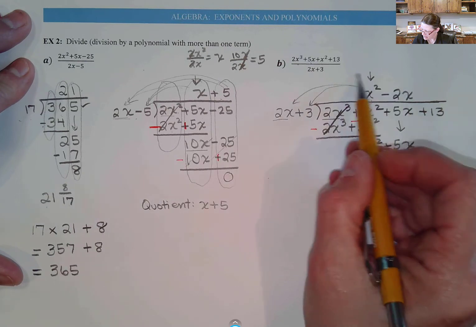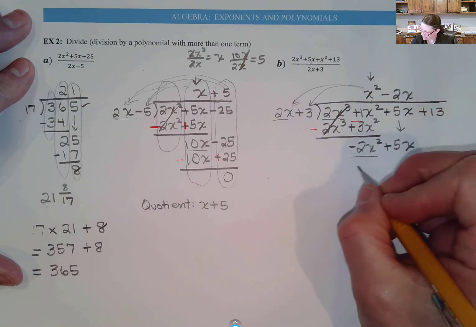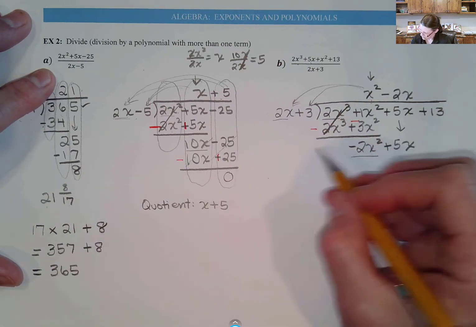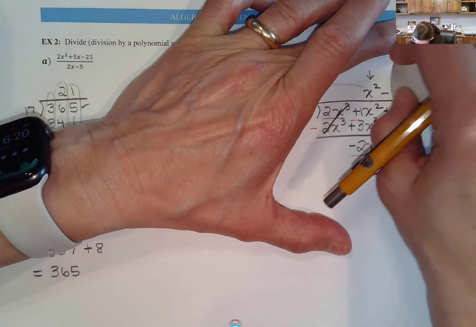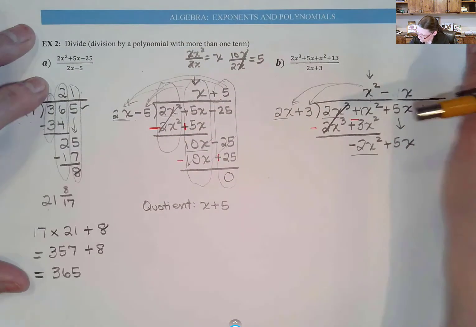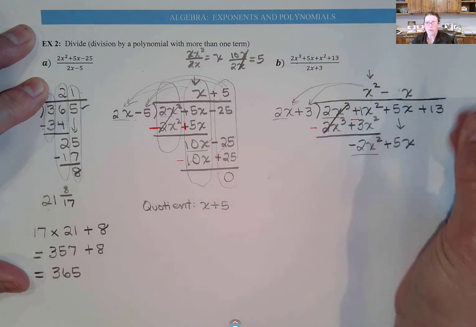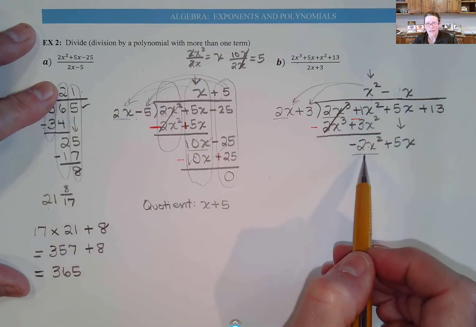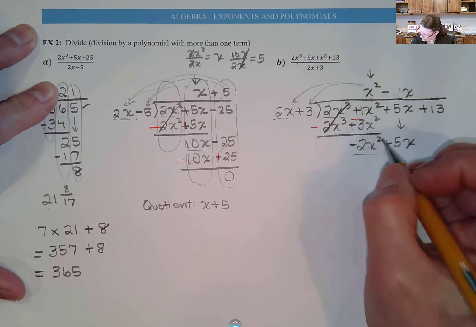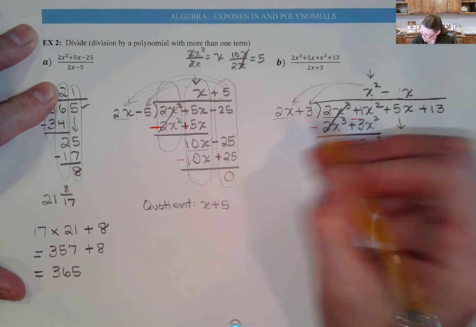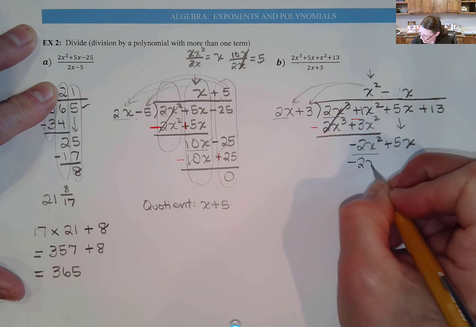Multiply back. Negative x times 2x. All right, so that should have been negative x right there. Sorry, I could see something was wrong. Because when we multiply back, we want to achieve negative 2x squared, don't we? Okay, negative x times 2x is negative 2x squared.